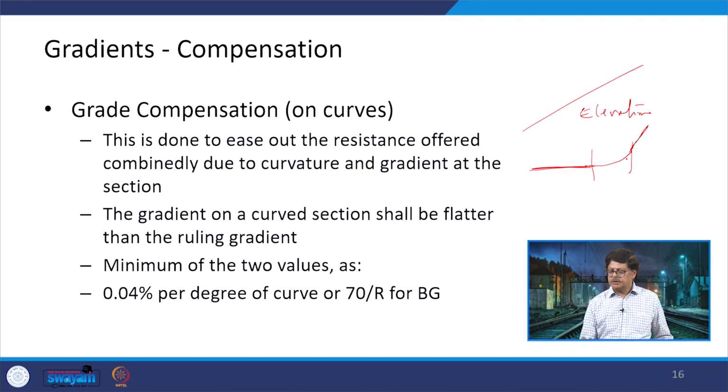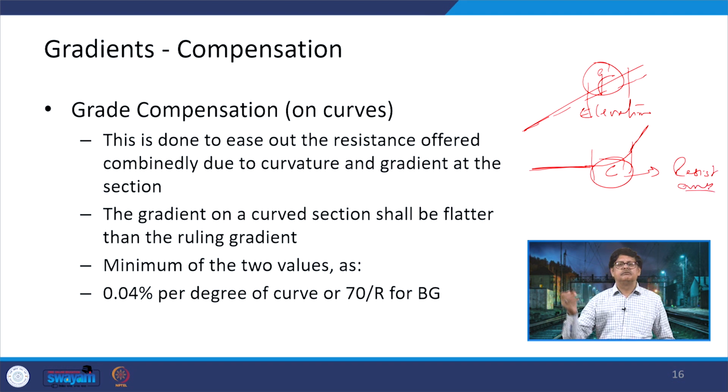So, there is some portion where there is an overlap of a gradient and a curvature, which means two resistances are being offered. Then we do a grade compensation, making it a bit easier, equivalent to the resistance offered by the curvature, so that the vehicle will be able to move on that particular gradient. So, it is done to ease the resistance offered by the combined condition of curvature and gradient.